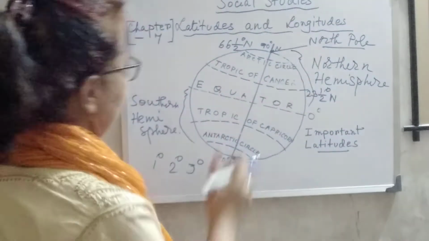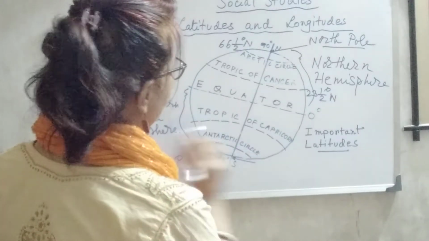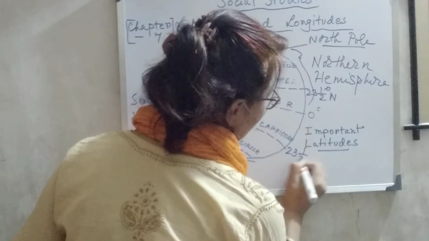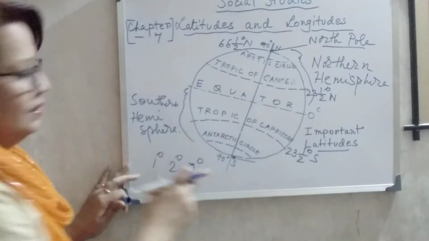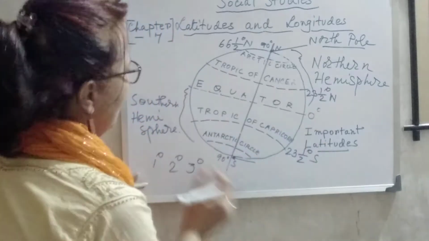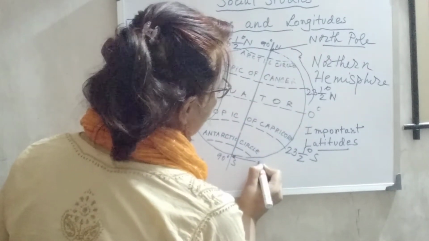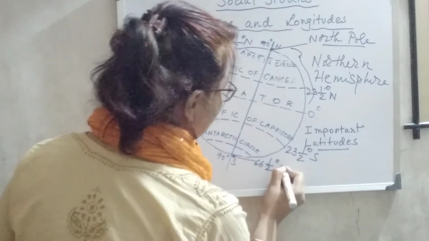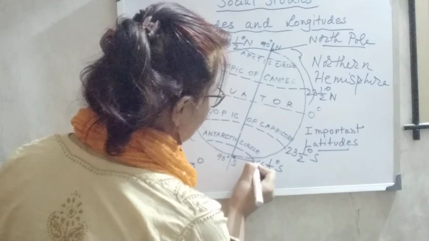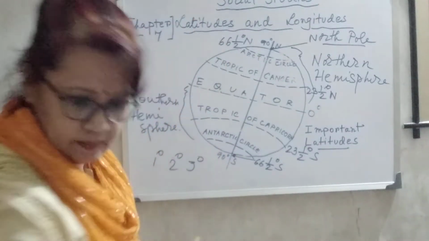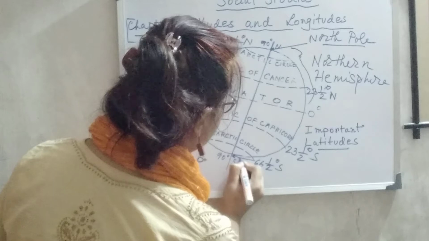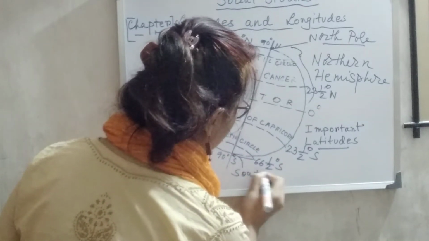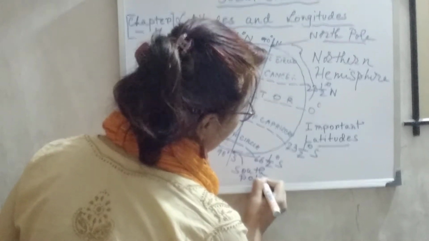Okay. So the equator, above the equator, the Tropic of Cancer, Arctic Circle, North Pole. And the lower part of the equator, you can see here, the Tropic of Capricorn. It is 23.5 degree S, south. The Antarctic Circle is 66.5 degree south. And this is 90 degrees south, the South Pole.